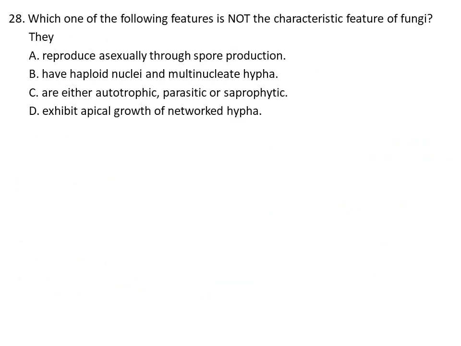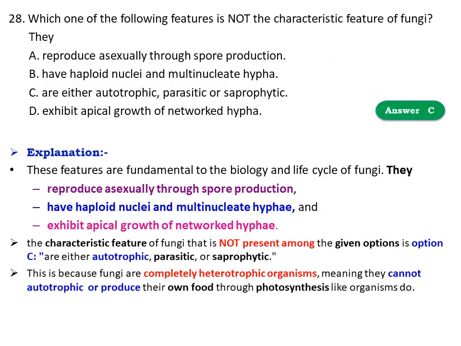and adaptability. Question number 28. Which one of the following features is not a characteristic of fungi? They are either heterotrophic, parasitic or saprophytic. So that should be C, which is not their feature.